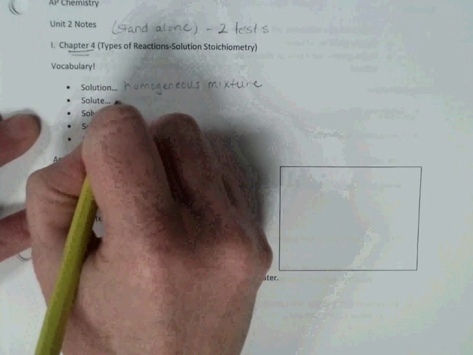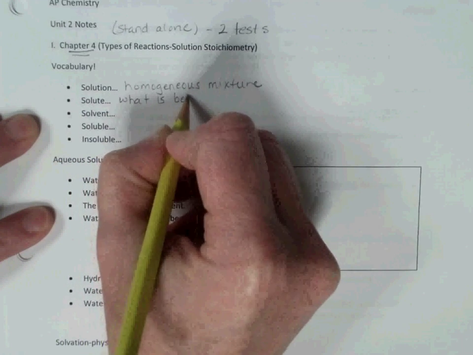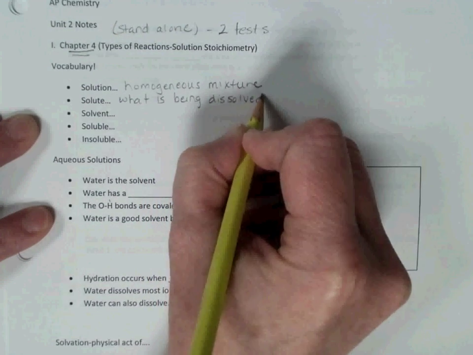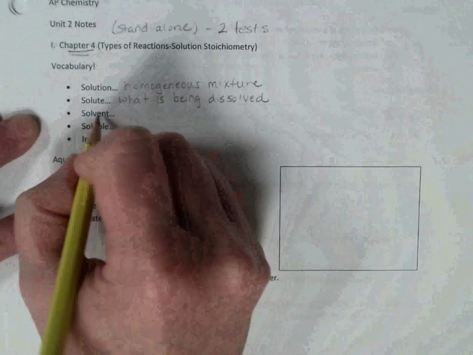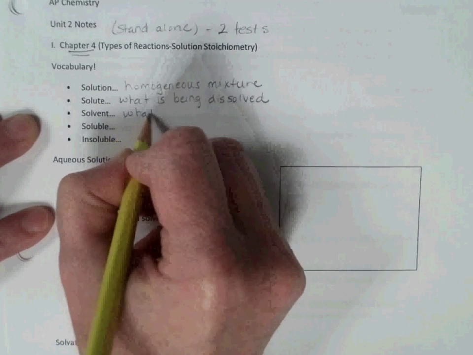All right, the solute. Now this was, I think, a warm-up last week. This is what is being dissolved. Now, you can say solute, you can say solute, I don't care, okay? The solvent, that's what's doing the dissolving.